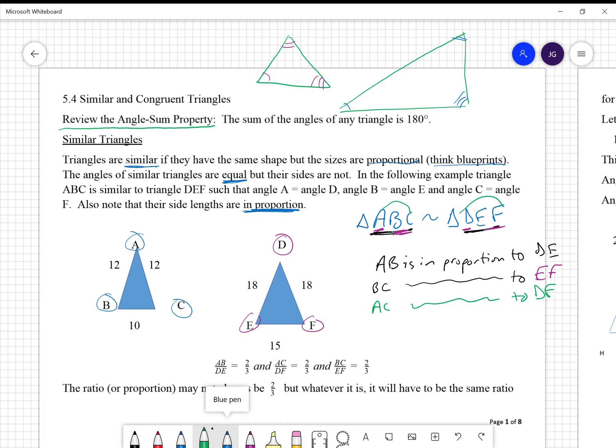And in this case, I have numbers. So my side AB and my side DE, sorry, I didn't mean to say is in proportion. Let me erase this.